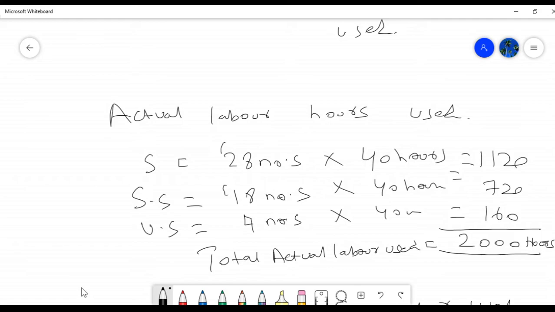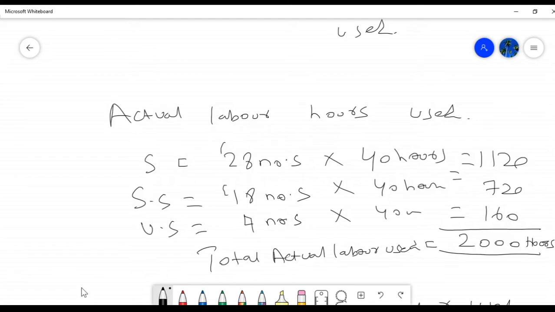Standard rate is how much? 321. Then what is the answer? If you multiply and add all the three things, you will get around 4960.